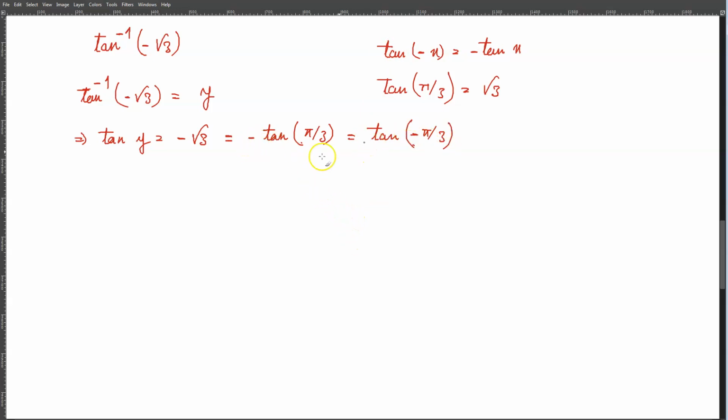Which means that now tan of y is equal to tan of negative pi by 3. Now before writing y is equal to negative pi by 3, I need to check the domain and range of the tan inverse function.